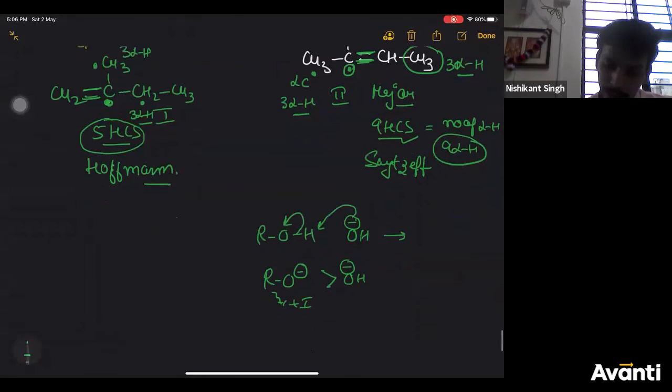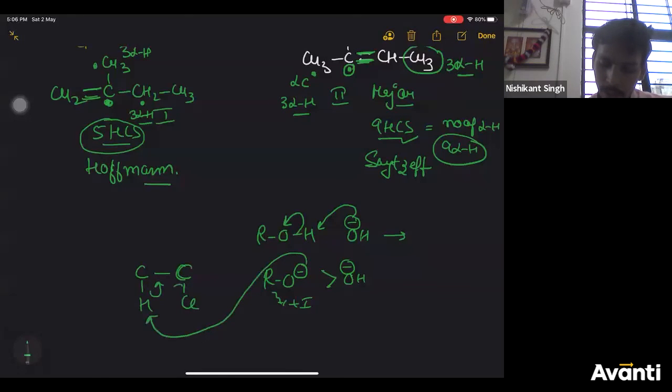Now this RO minus will take H plus from the carbon next to the carbon having Cl, so that you'll get a double bond. This is how it works, Netra.